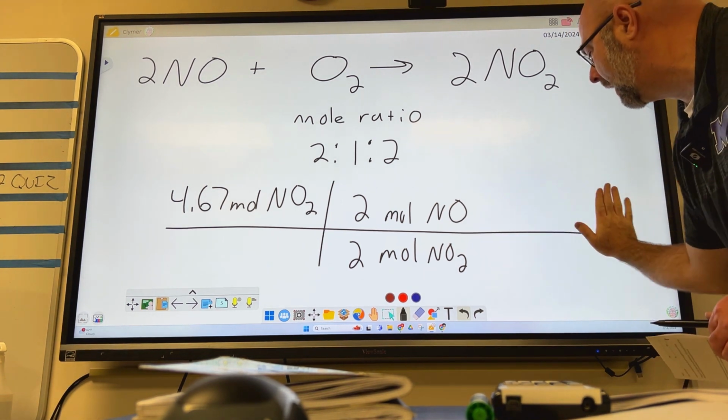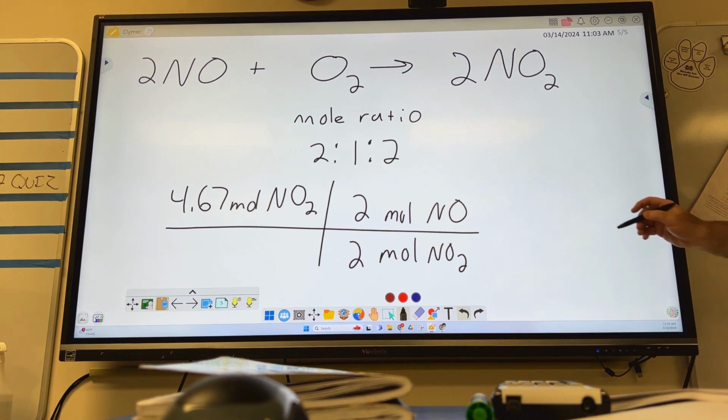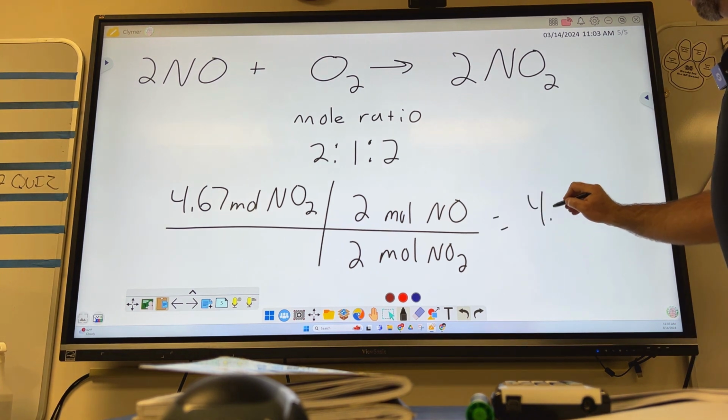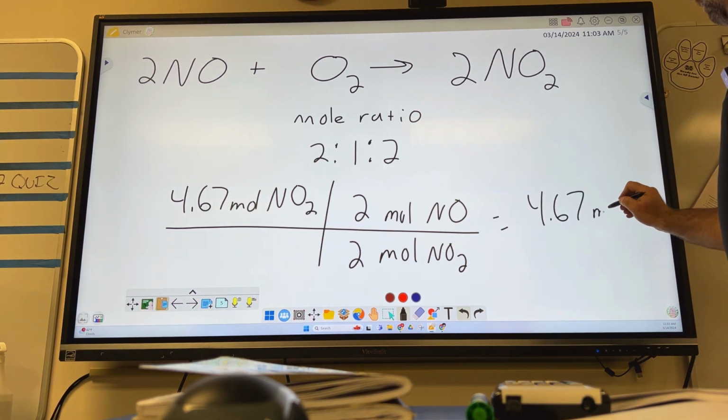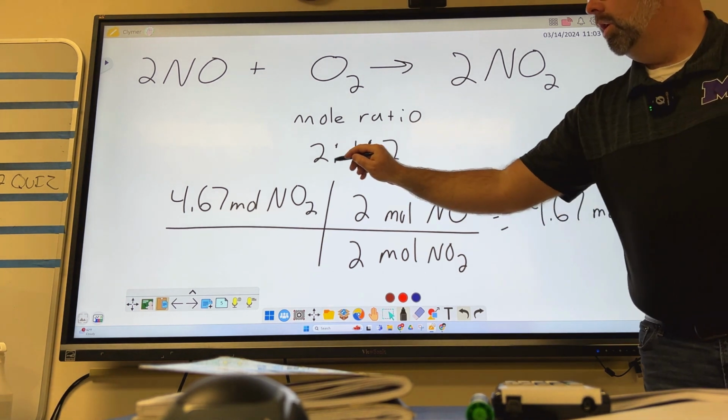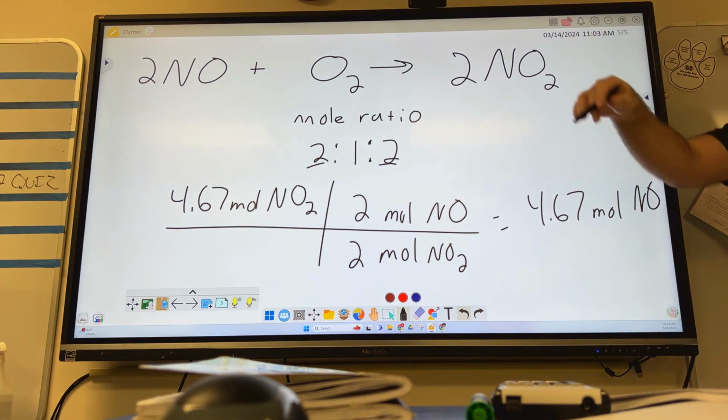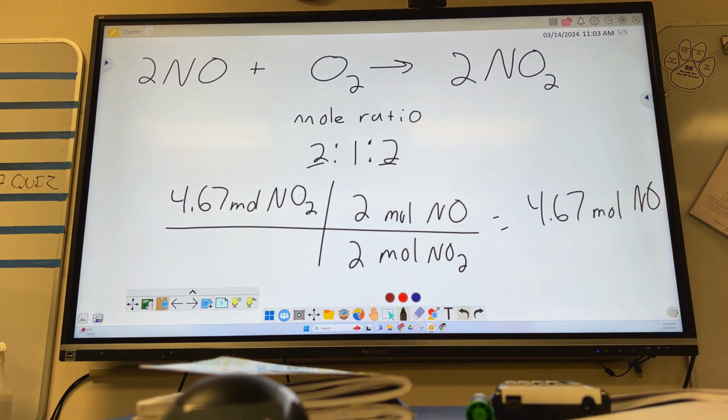Without thinking about it, can I get this answer? Yes. My advice when you are doing these is to just copy the mole ratio right from the coefficients, even if they're the same. Maybe in some case it might be a 2 and a 4. Yes, that ratio is technically 1 to 2.